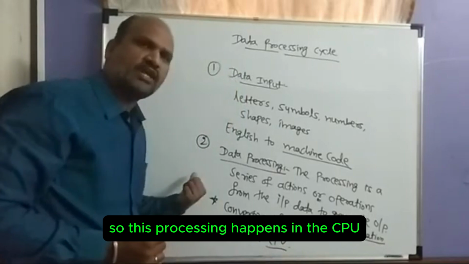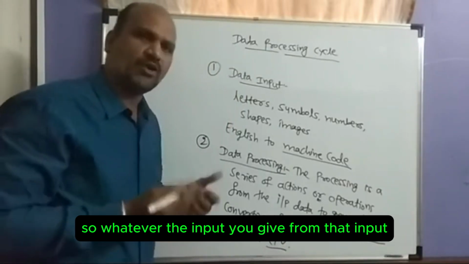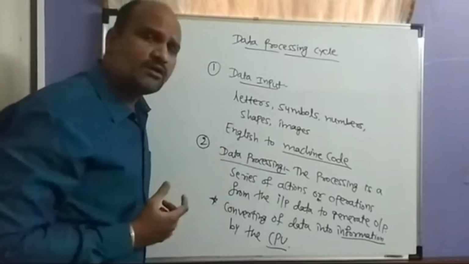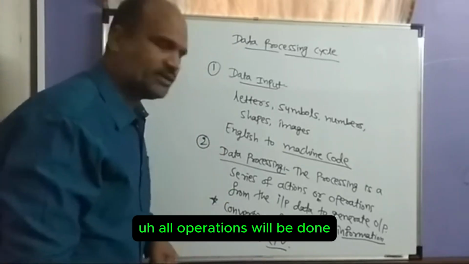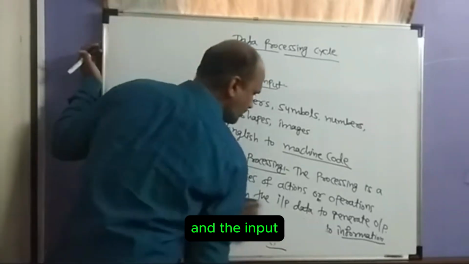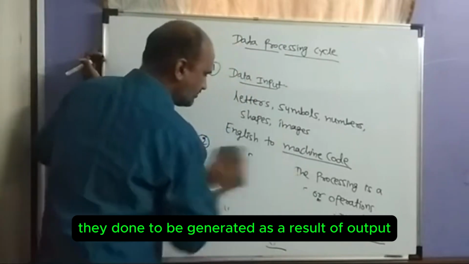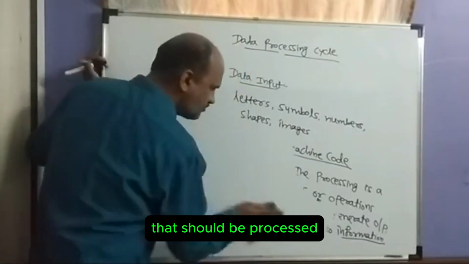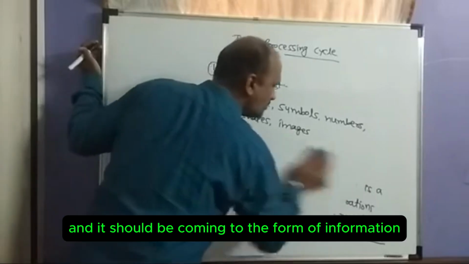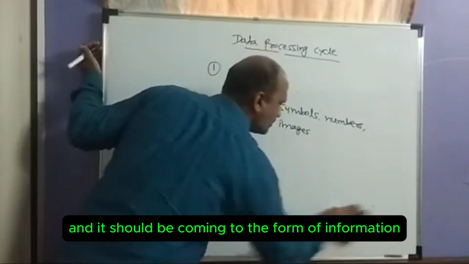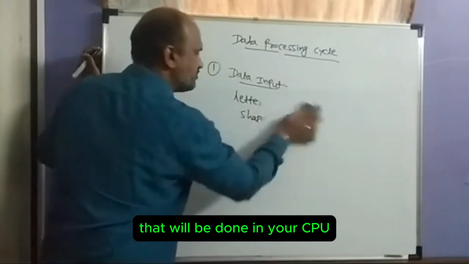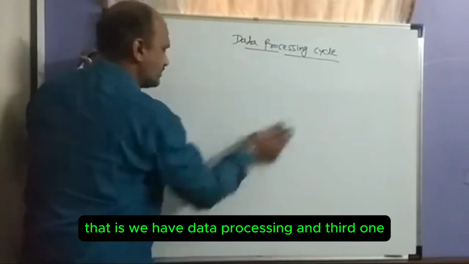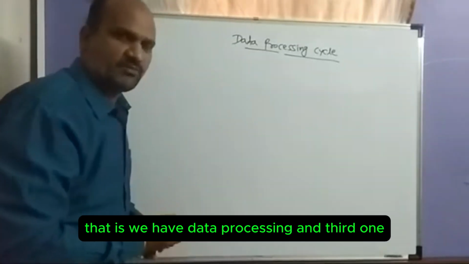So this processing happens in your CPU. Whatever input you give, all the operations will be done, and the data will be processed into the form of information in your CPU, the central processing unit. That is data processing.